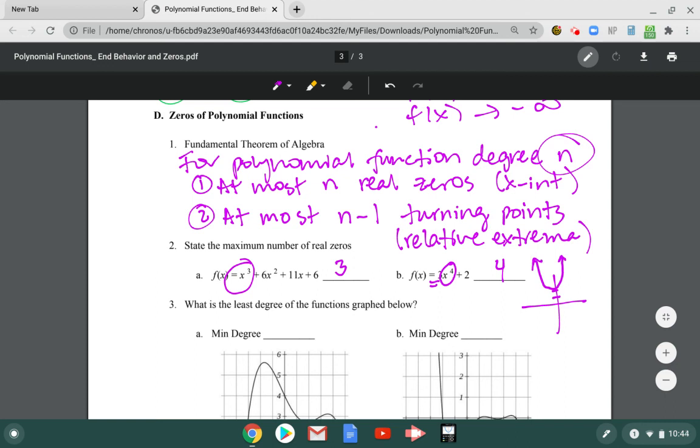Notice how this guy never crosses the x-axis. So when we say maximum number of real zeros, we really do mean maximum number of real zeros. I actually don't have any real zeros in this case, so there are none. But I know how many I'm expecting, as opposed to this last one, which, do I still have this guy graphed? I do.